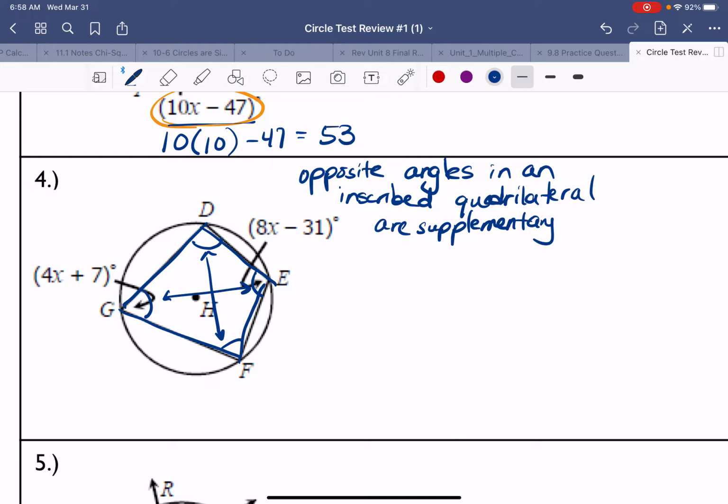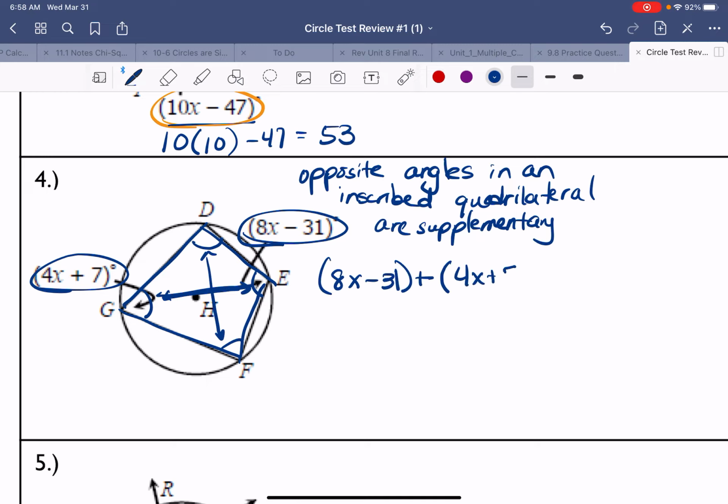But anyways, I know that these opposite angles are supplementary, which means that if I get this angle plus that angle, they will both equal 180 degrees. So I have 8x minus 31 plus 4x plus 7, and both of those together will equal 180 degrees. So now, again, we're just going to go back to algebra.